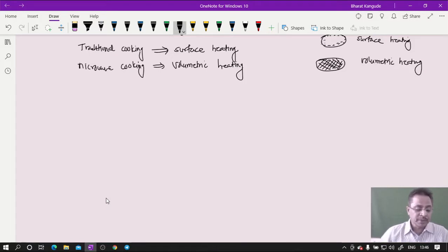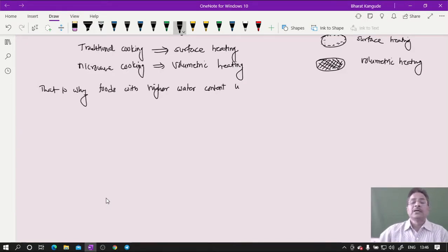There is one more thing here, an advantage. That is why we'll write in brief: foods with higher water content, like fresh vegetables, then meat, etc., can be cooked more quickly.